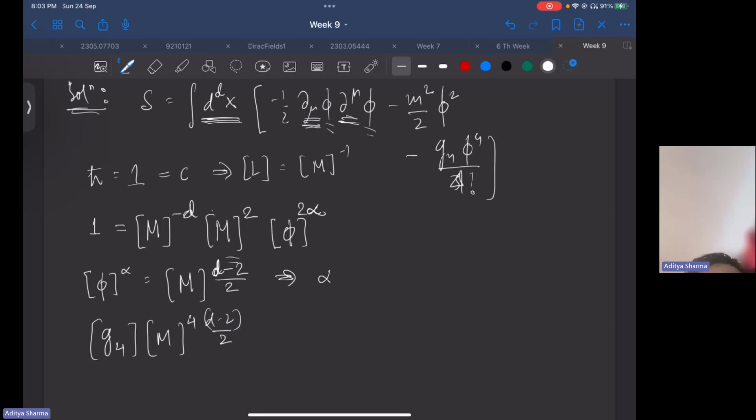This implies the dimensions of that. So the dimension of phi is d minus 2 by 2, and I have 4 times the field.